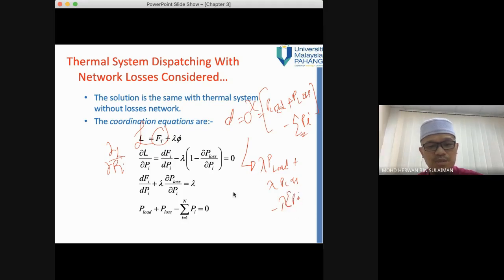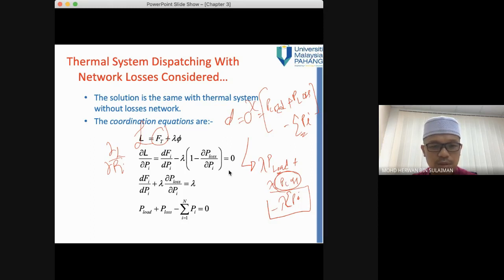So when you do the partial derivation, because lambda is in terms of Pi, you get lambda coming out, right? But our P loss is also in the equation.